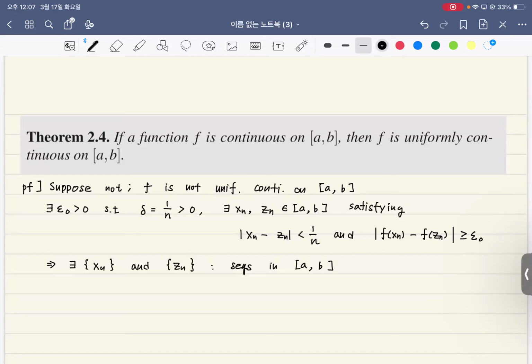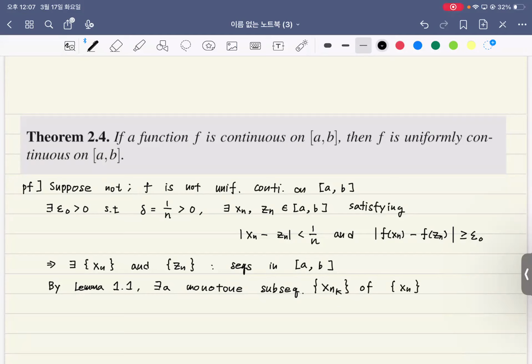So by that lemma, there is a monotone subsequence x_{n_k} of xn.